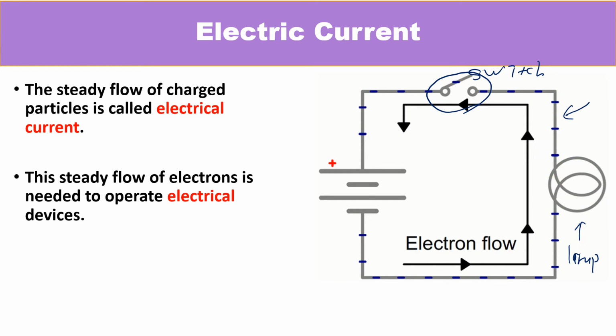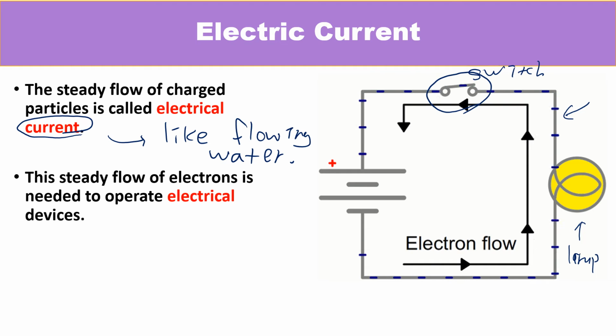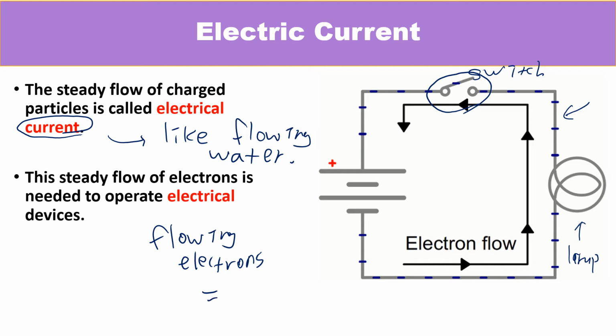Now, the steady flow of charged particles, we will call current from now on, like flowing water. And this steady flow of electrons is needed to operate any type of electrical device, because flowing electrons basically means it generates energy.